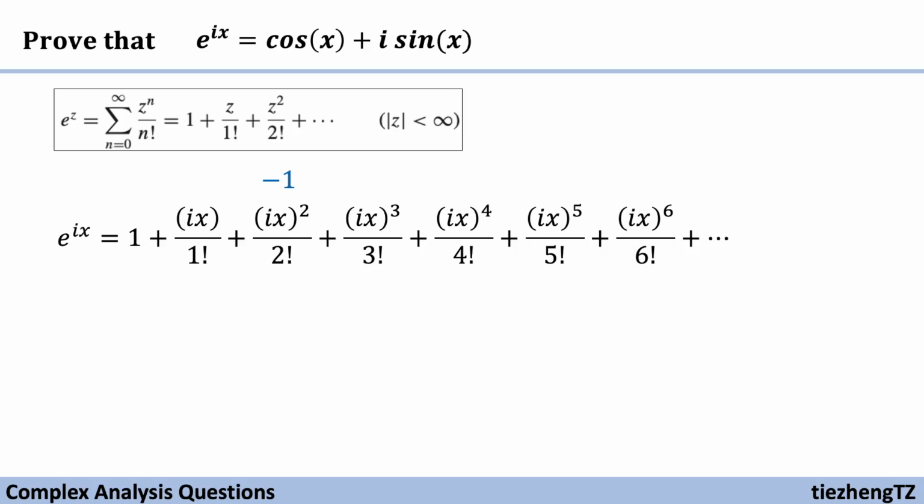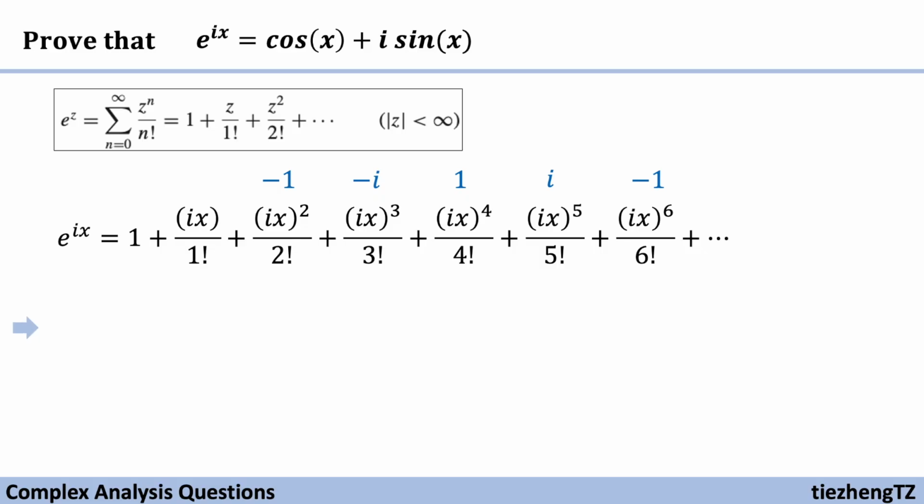We know i squared equals minus 1. So i to the power of 3 is minus i, i to the power of 4 is 1, i to the power of 5 becomes i again, and i to the power of 6 is minus 1.